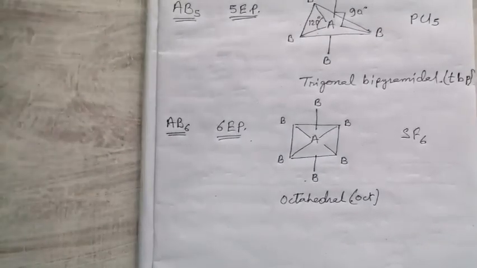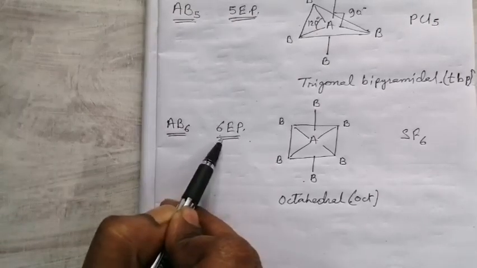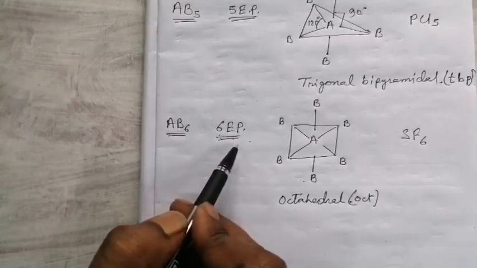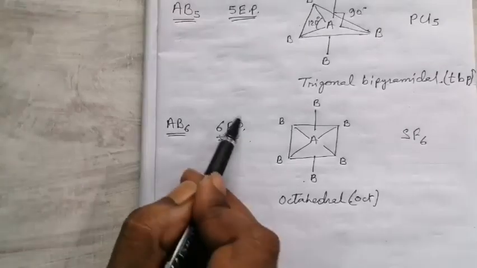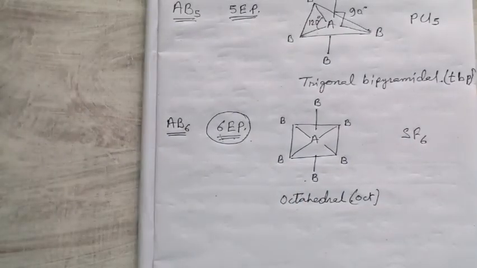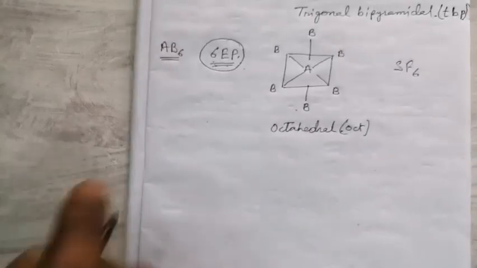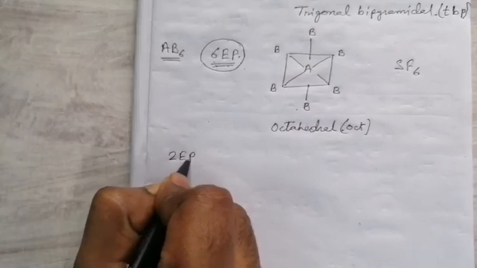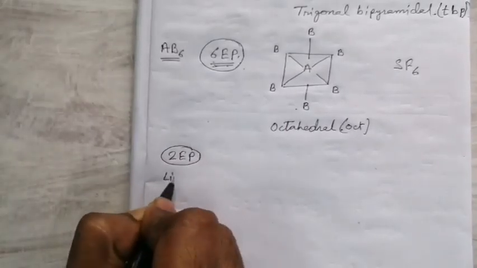Okay, now how are we going to predict the shape of the molecule using VSEPR theory? In order to predict the shape using VSEPR theory, we need to calculate the number of valence shell electron pairs. If you can calculate the valence shell electron pairs, then you can easily predict the shape of the molecule. For example, if the molecule contains 2 electron pairs, then the shape is linear.